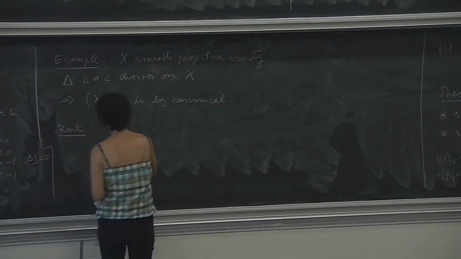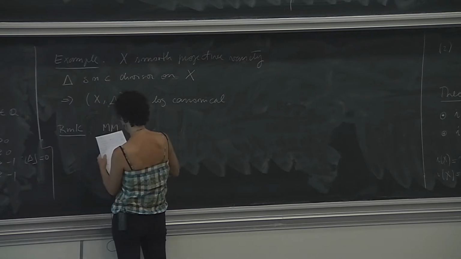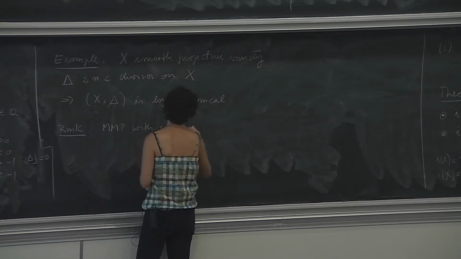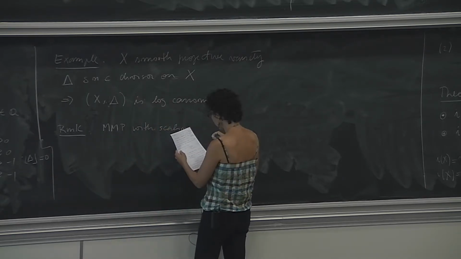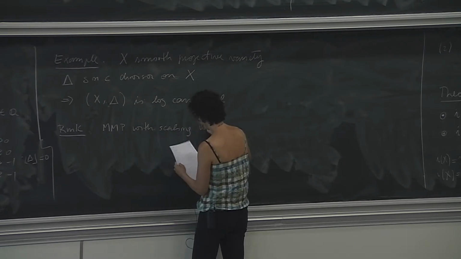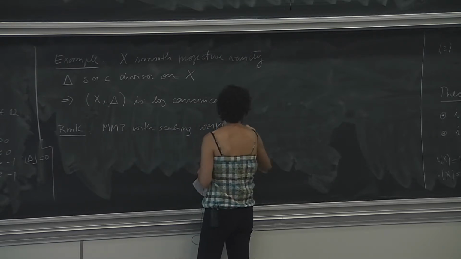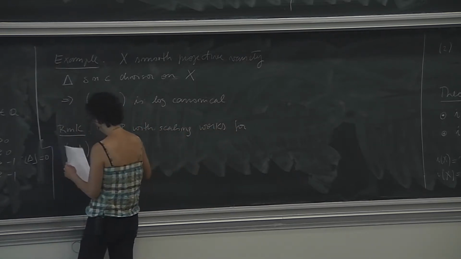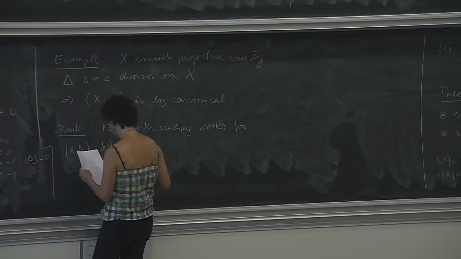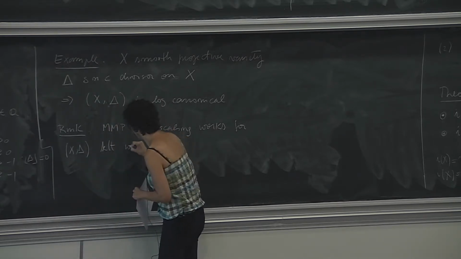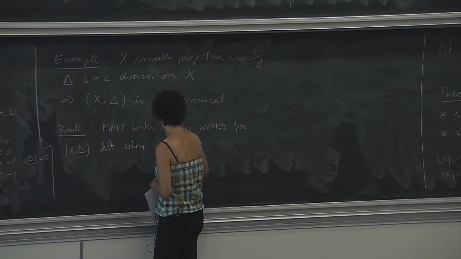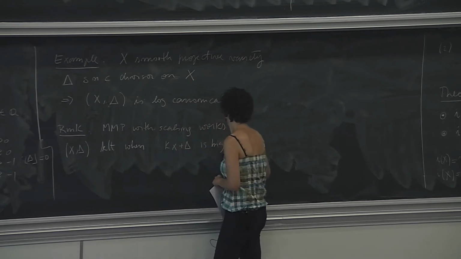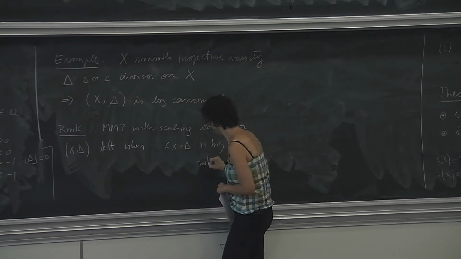So MMP with scaling, as in BCHM, works for pairs KLT. Well, in the two cases when, as last time, KX plus delta is either big or not pseudo-effective.